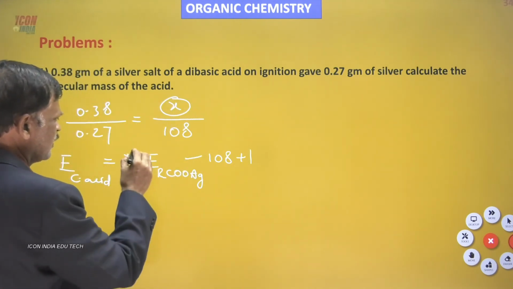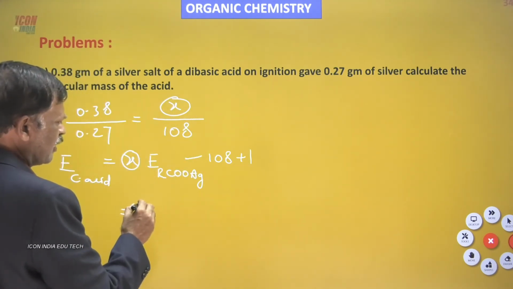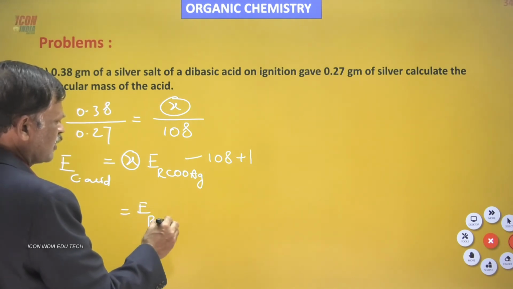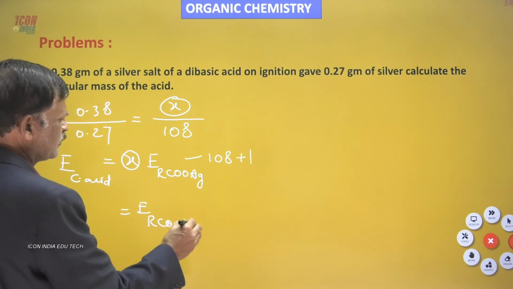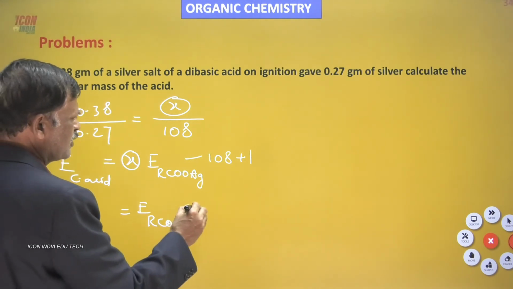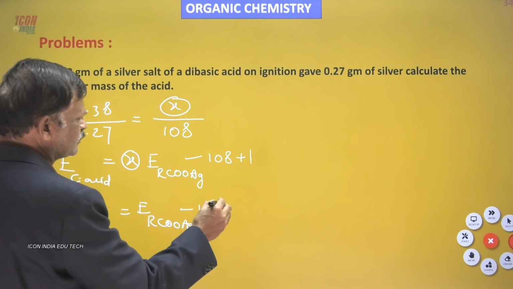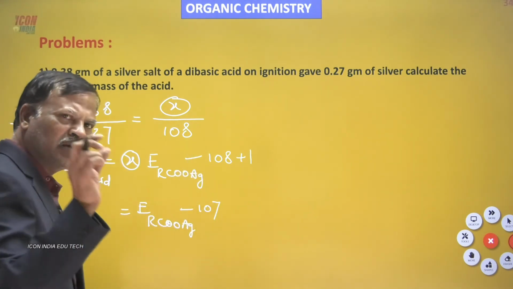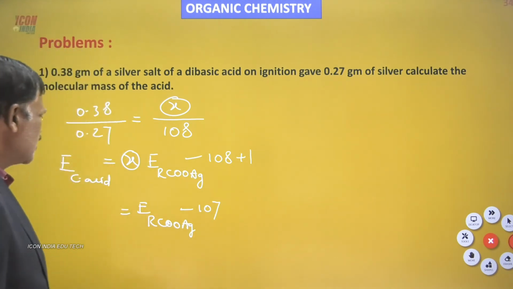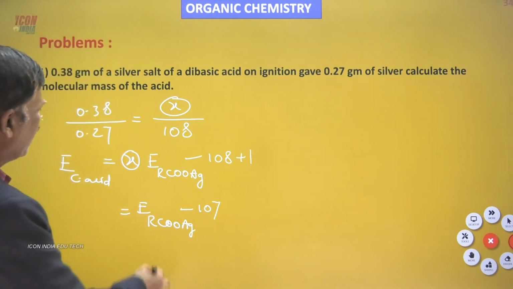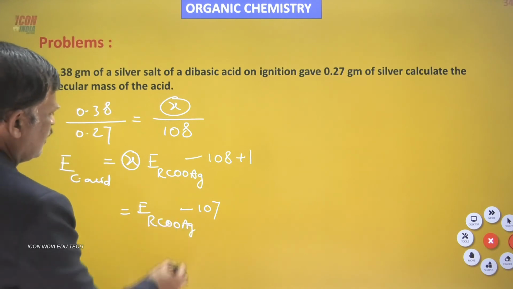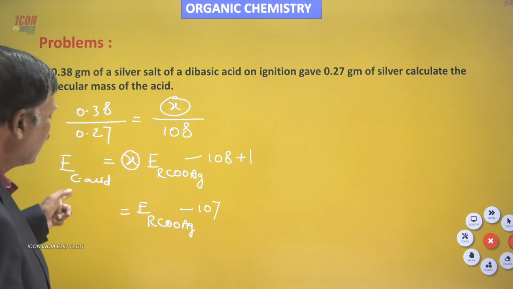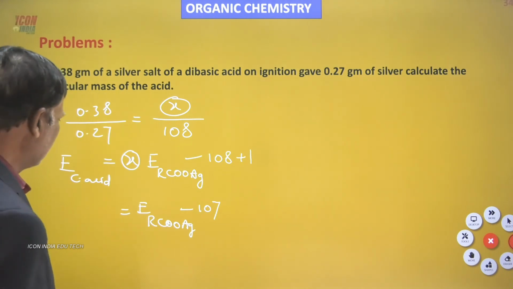So, that is equivalent weight of RCOOAg minus 107, because you have to remove Ag and add hydrogen in order to get acid. That's why you know the equivalent weight of silver salt, that is X. X minus 107 will give equivalent weight of carboxylic acid.